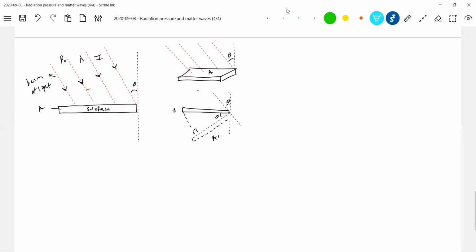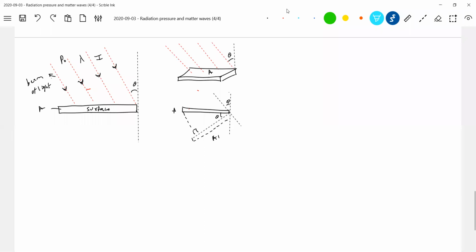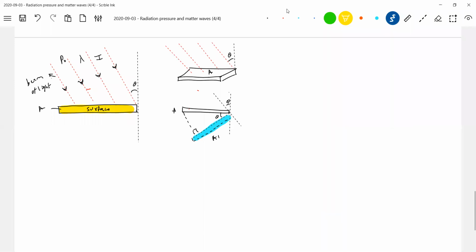I'll shade it so that it will be easy for us. That A dash is the projected area.